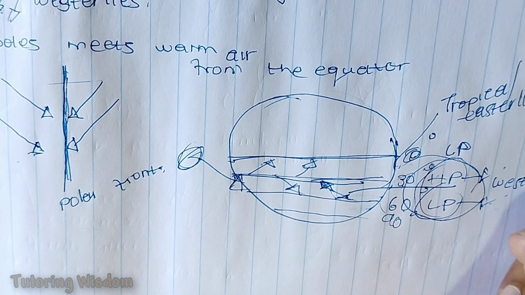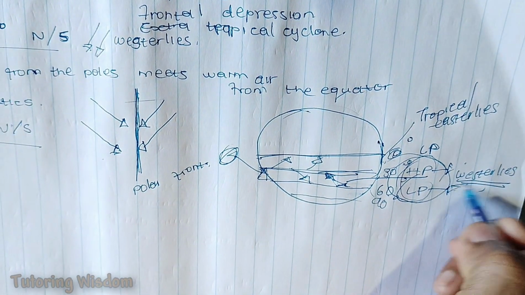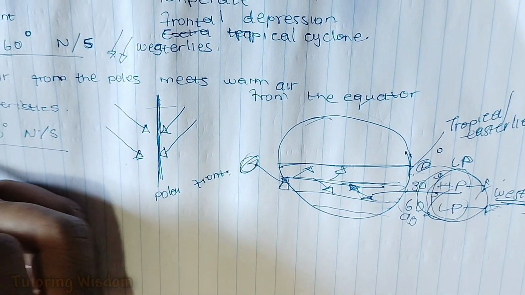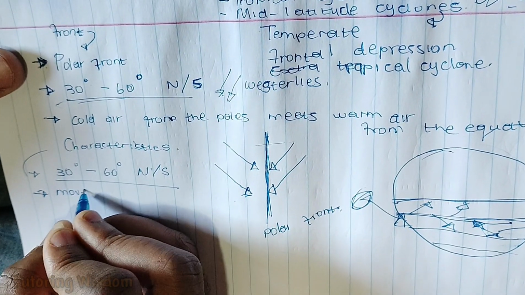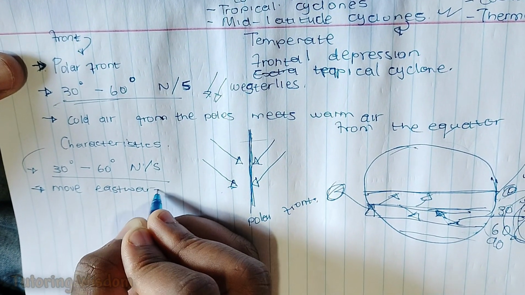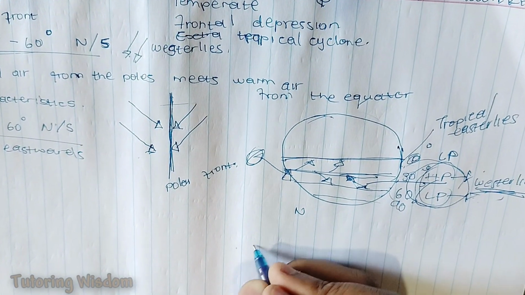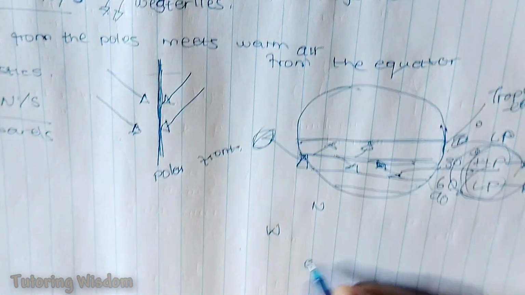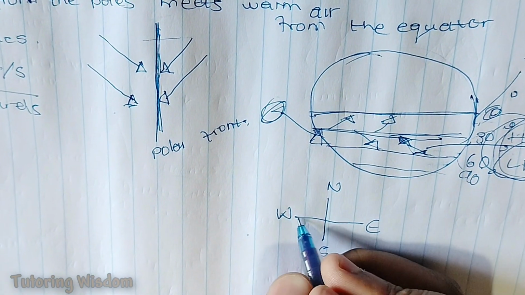Now we know that the other characteristic of this cyclone is that it moves eastwards. Now look at this. This is your compass.